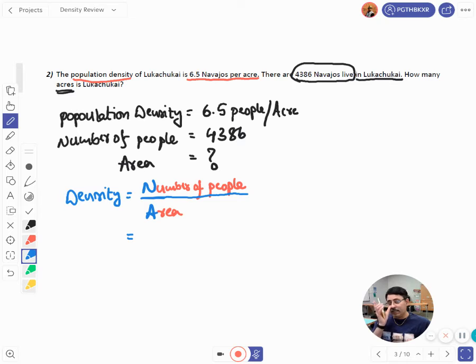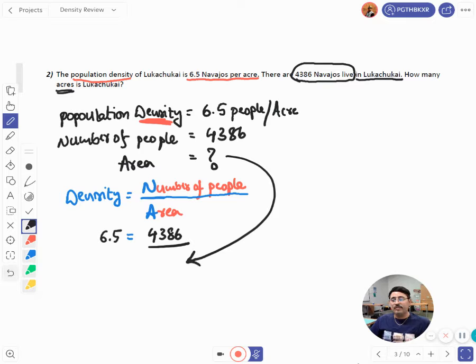Now, let's plug in the numbers. Here, density is given. Therefore, that value is to be plugged in here. Let me take 6.5 here. The number of people, I see that goes here. So that is 4386 over area. I don't know the area, so let it be area.